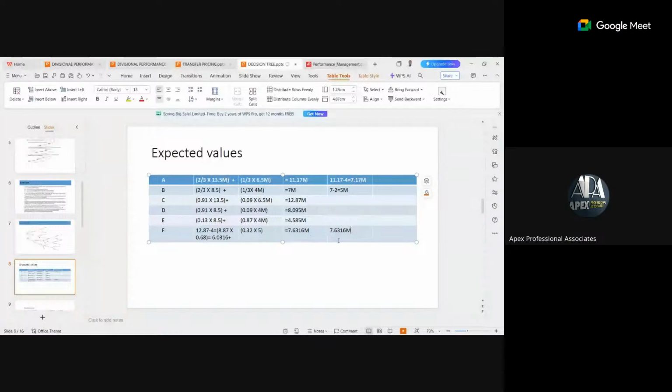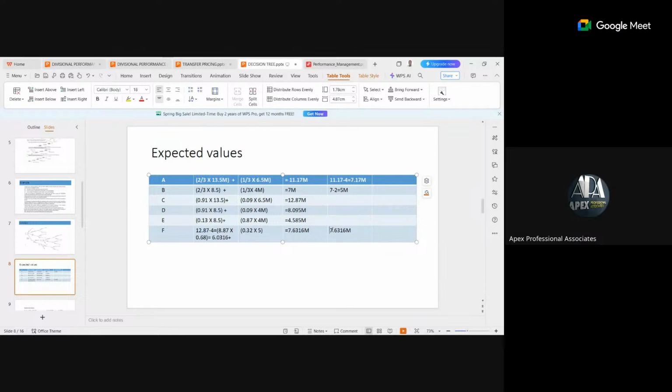So let me make, okay. All right, let me just show a working here. Let me show something here to make it clearer. Let me show you working there. So please, somebody should help me multiply 0.68 by 8.87.